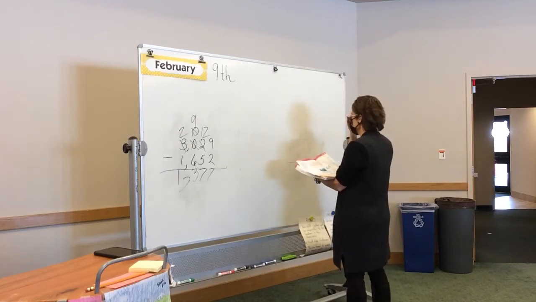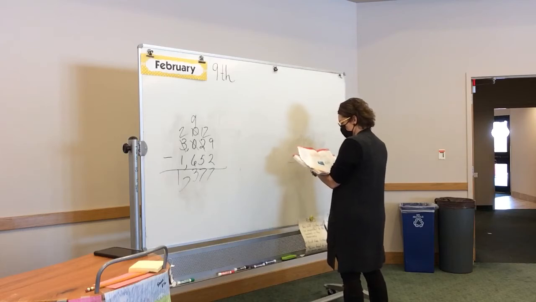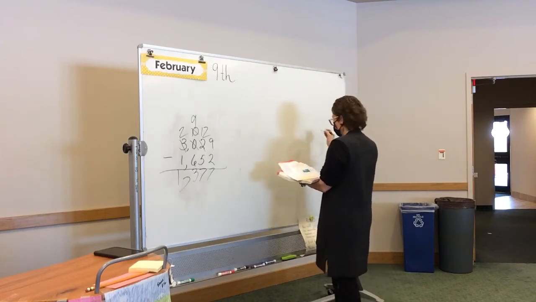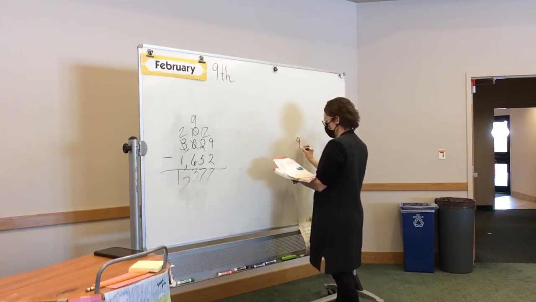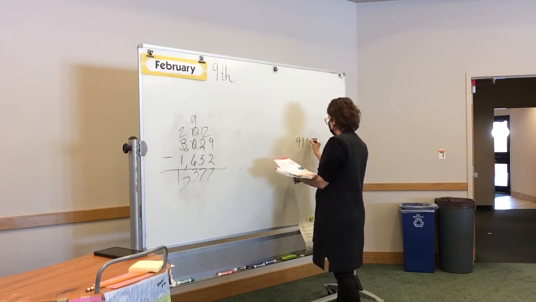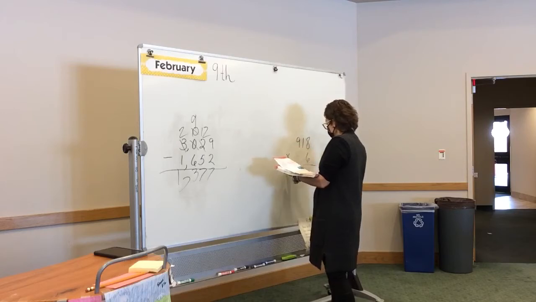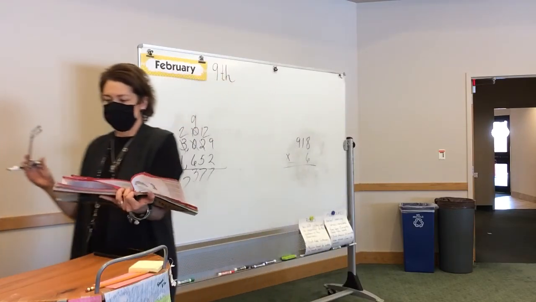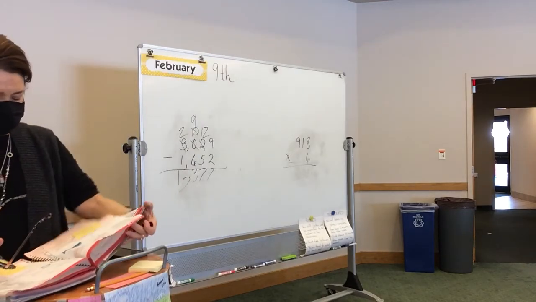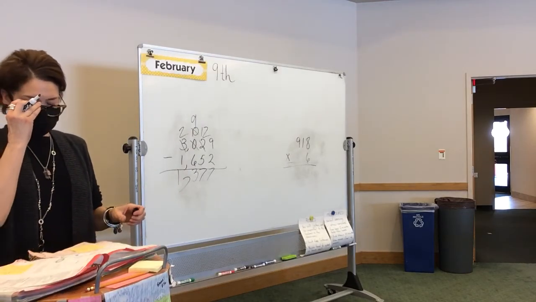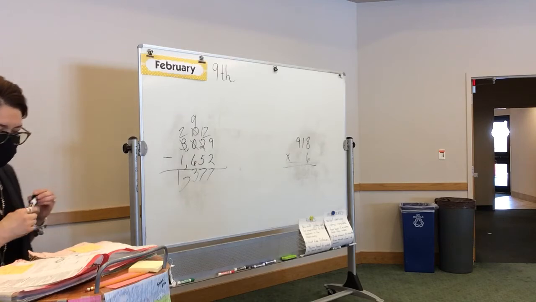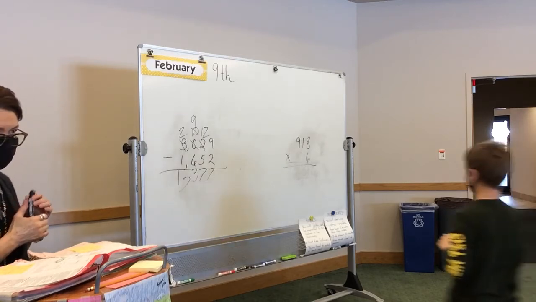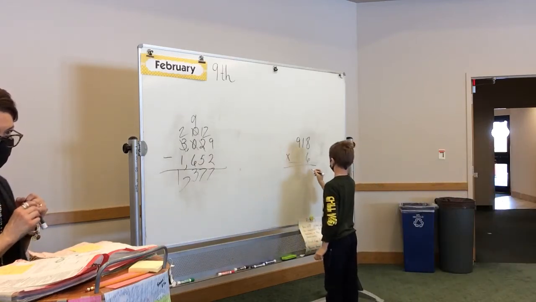I'm gonna put my glasses on so I can see. We're gonna do one more whiteboard, and then we're gonna do some work together. Cole. You're all working on your own, on your books as well, correct?